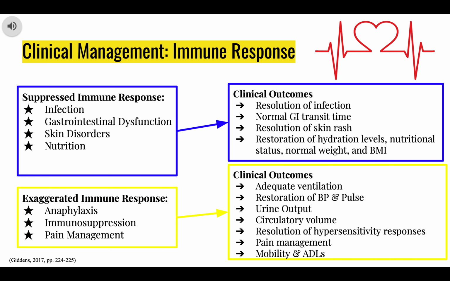We're going to make sure that urine output is normal for that patient. We're going to make sure that they're showing adequate circulatory volume, make sure that hypersensitivity response is modulated or decreased. We're going to make sure that that patient's pain has been managed, that it's controlled, or has even stopped.